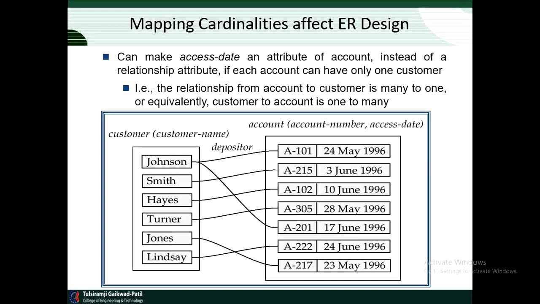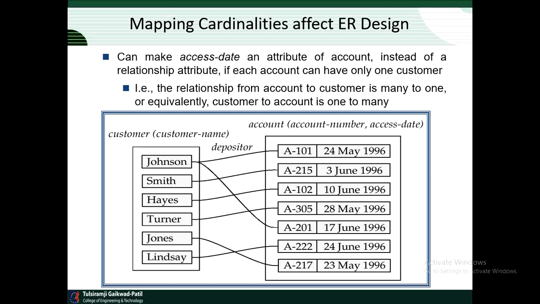While we are designing the ER model, we need to consider these mapping cardinalities. Likewise, in this example, many of the attributes of the account entity are associated with only one attribute of the customer entity.